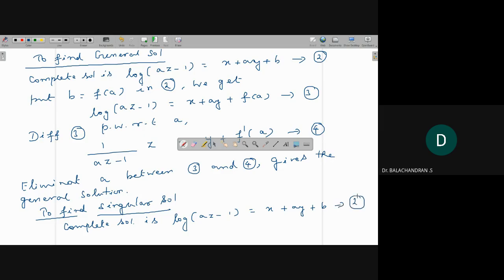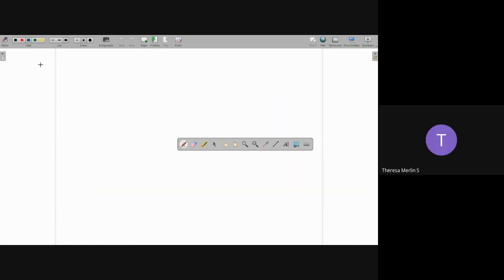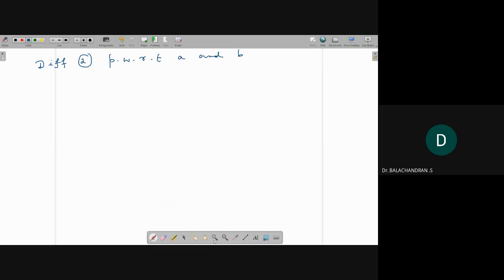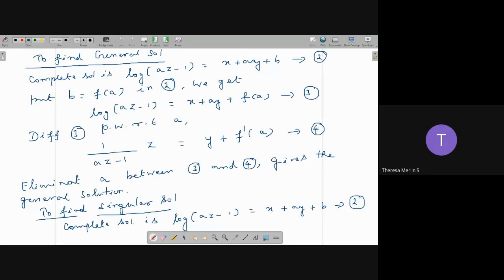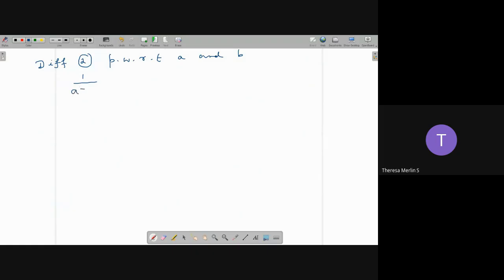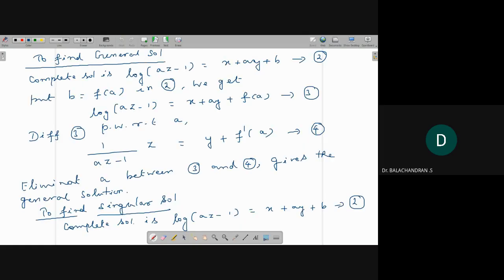So we need to differentiate equation 2 partially with respect to a and b. Differentiating with respect to a, you will get 1 by az minus 1 into z is equal to y. You call this equation number 5.